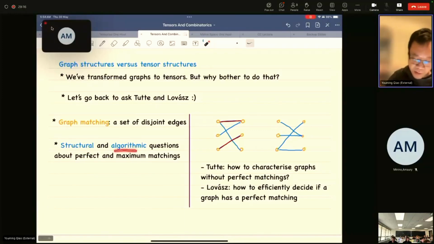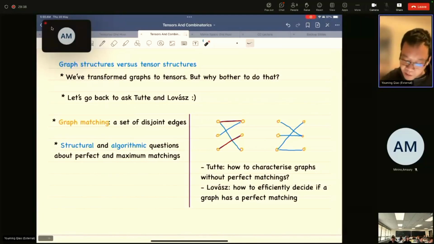You can also ask algorithmic questions about the so-called perfect and maximum matching. A perfect matching is a matching that touches every vertex. This is the meaning of perfect. And the maximum matching means that the size of the matching is the maximum among all matchings.